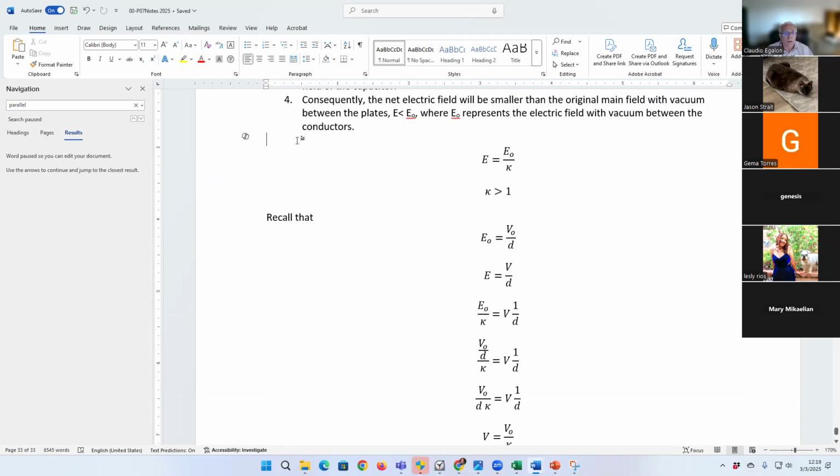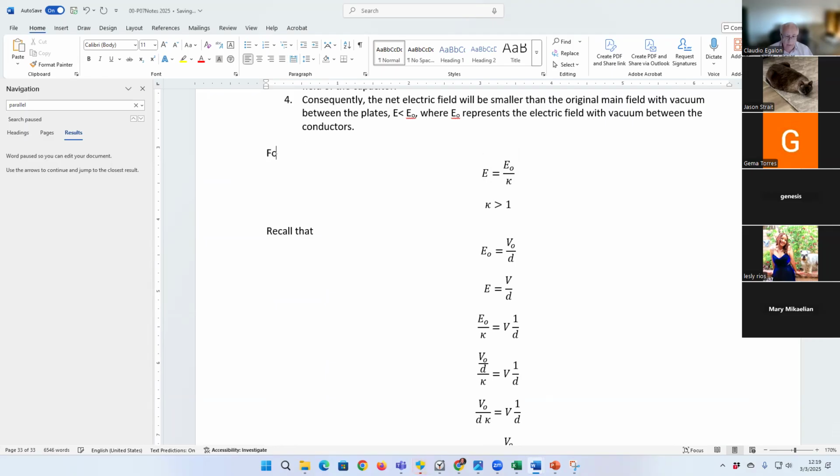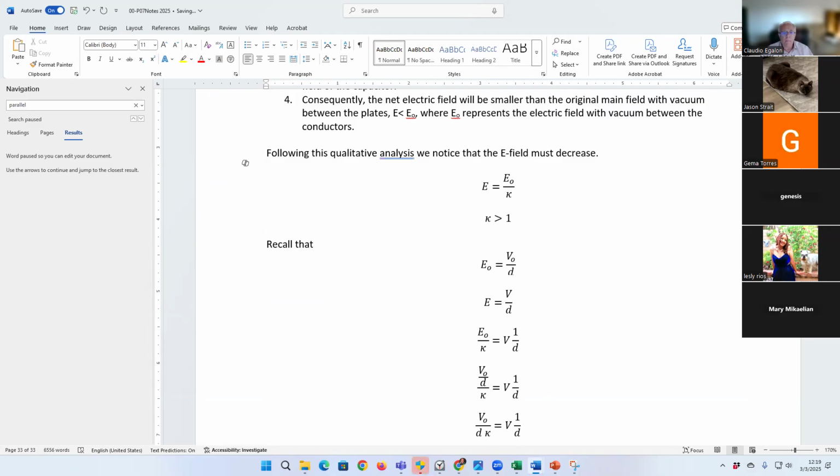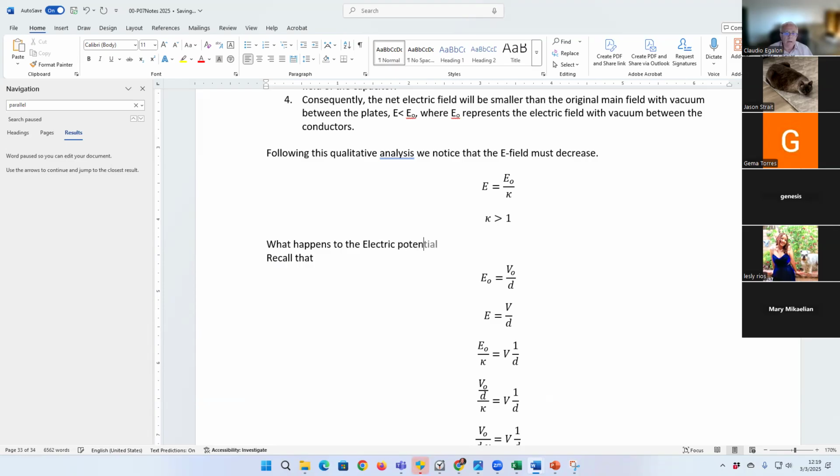Following this qualitative analysis, we notice that the E field must decrease. Then the question is, what happens to the electric potential?